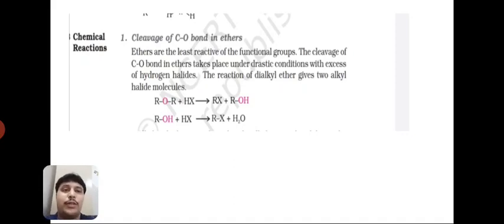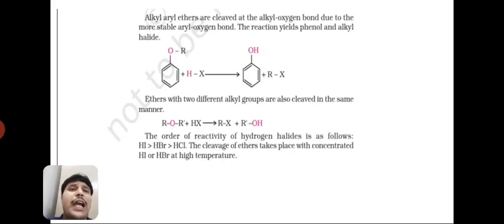Now, alkyl aryl ethers are cleaved at the alkyl-oxygen bond due to the more stable aryl-oxygen bond, and the products are phenol and alkyl halide. Here you can see the alkyl and aryl groups are present on either side of oxygen, but the question is why only alkyl halide is formed, not aryl halide?